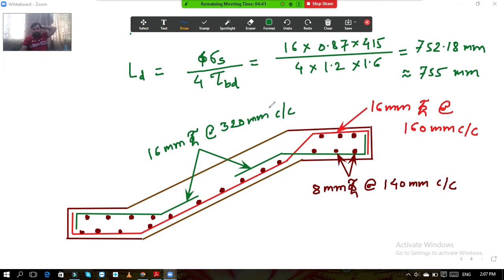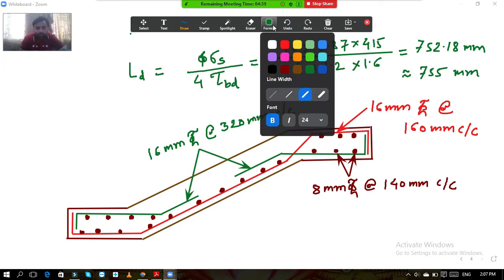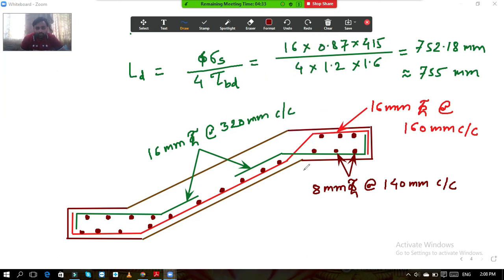Okay, and now the development length is also there. I will draw the arrow over here. So whatever this total length is, this is nothing but your development length for this point also.